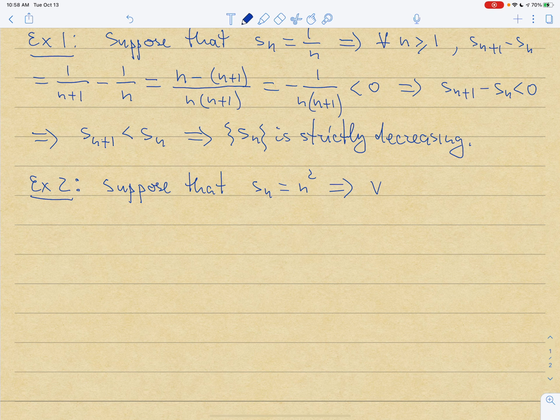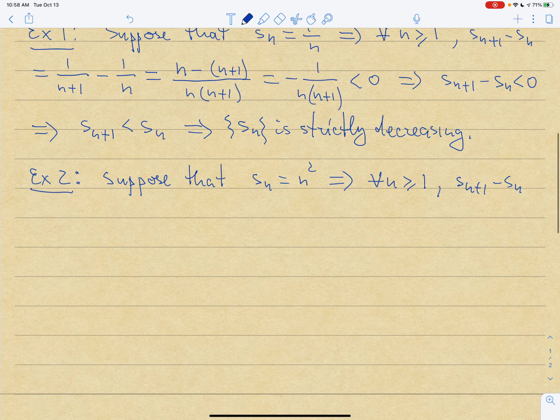Then, for any n greater or equal than 1, if I compute Sn plus 1 minus Sn, this will be equal to n plus 1 quantity squared minus n squared.